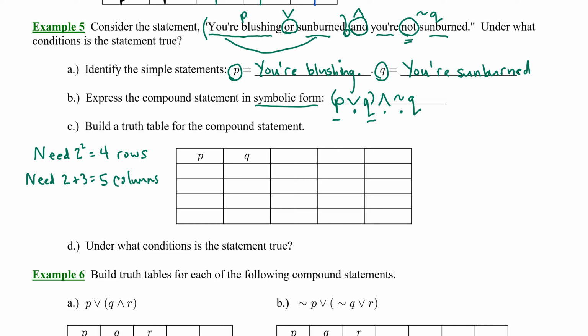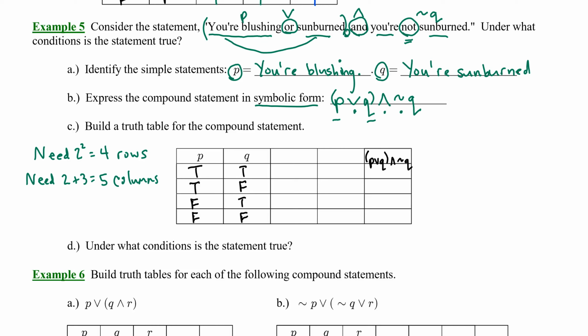We will begin by assigning every possible combination of truth values for our simple statements, P and Q. And then we're going to build our columns. Now remember, in the last column, we're always going to end up with our entire compound statement. That's what I'm working my way up to.